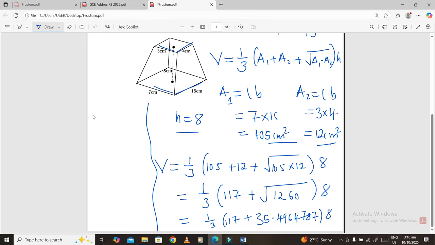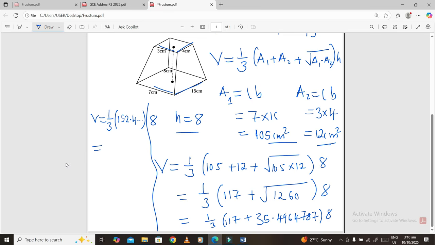Now from here, we can bring it this side. Volume is equal to, when we add what is inside the brackets, 1 over 3 open bracket, and that is giving us 152.4. I'm running out of space, so I'll do this and then times 8.